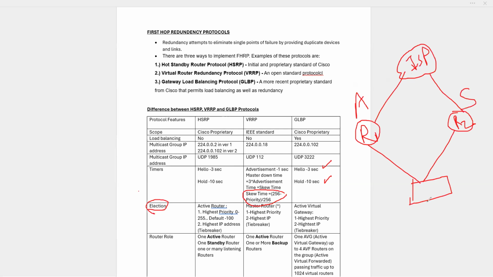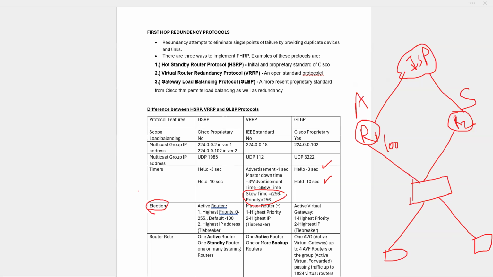On which criteria basis will they elect? First, they will check priority. By default, every router has a priority of 100.